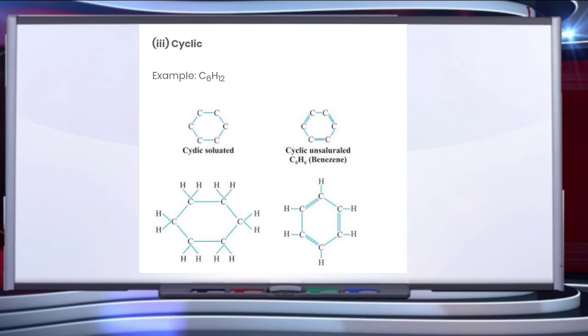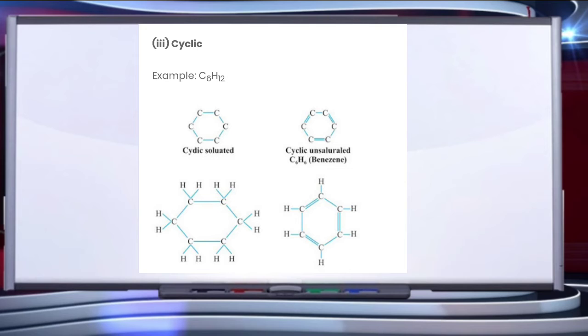So the third category of the structure of hydrocarbons is the cyclic hydrocarbons. The hydrocarbons in which carbon atoms are arranged in a ring are called cyclic hydrocarbons. Children, there are two kinds of cyclic hydrocarbons. One is saturated cyclic hydrocarbons and the second category is unsaturated cyclic hydrocarbons.